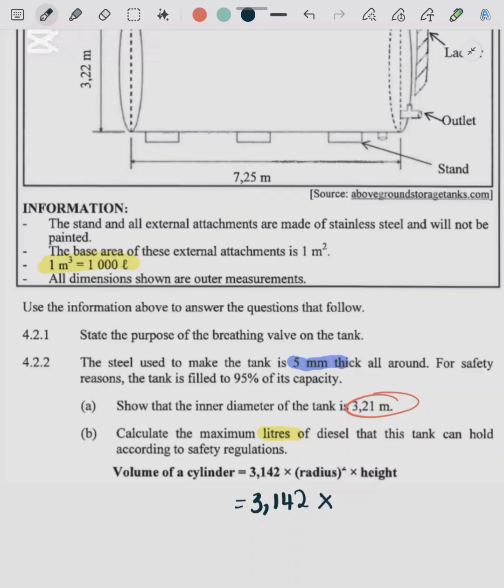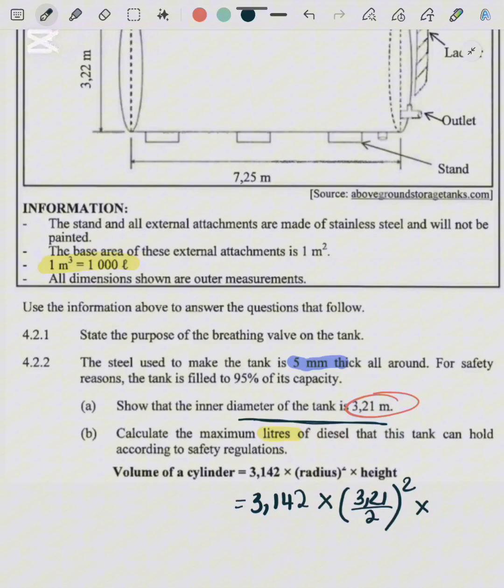Now the question is, what is our radius? Because we're talking about what's going into the tank, we know we're going to use our inner radius, not the exterior one. So if the diameter, which they tell us over here, is 3,21, our radius is going to be half of that, 3,21 half. That is now my radius squared.